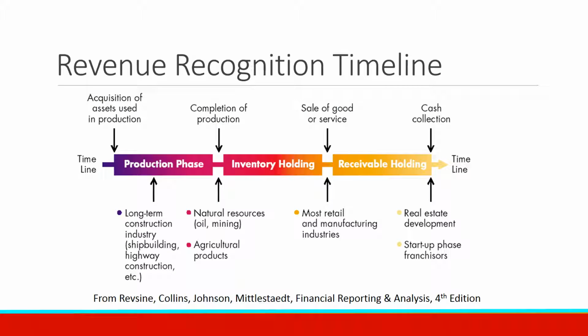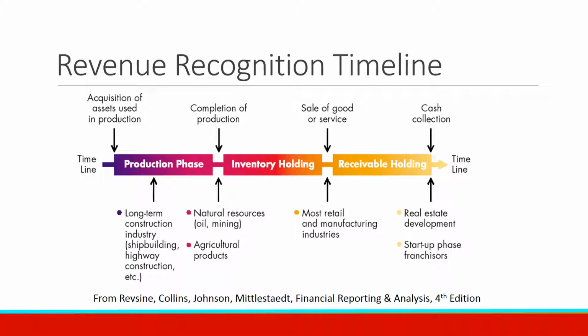So now let's look at the revenue recognition timeline. What you can see is three boxes. All the way to the left is the production phase. Then there's the inventory phase, and finally the receivable phase. So if you think about a product, it first needs to be produced, then it becomes inventory, and then it's sold, and the customer eventually pays. So, when should revenue be recognized?